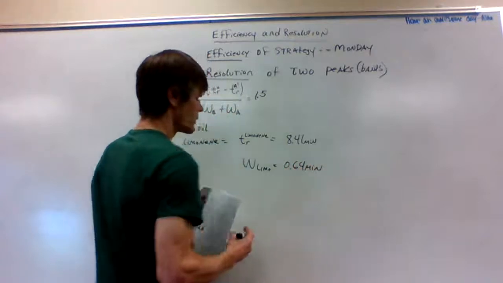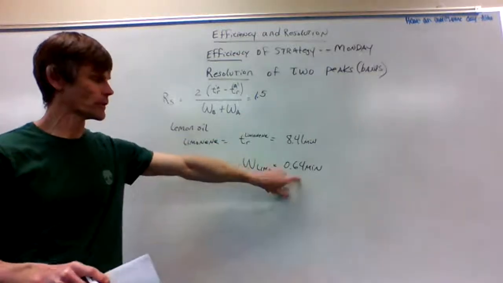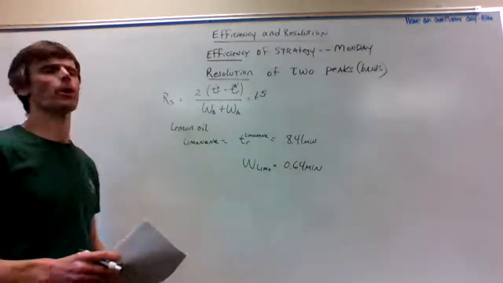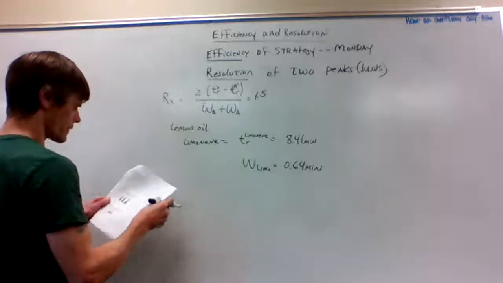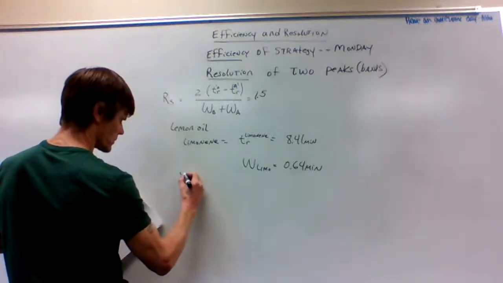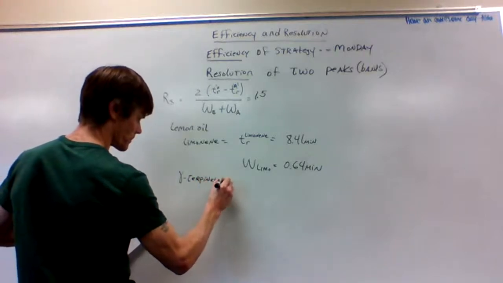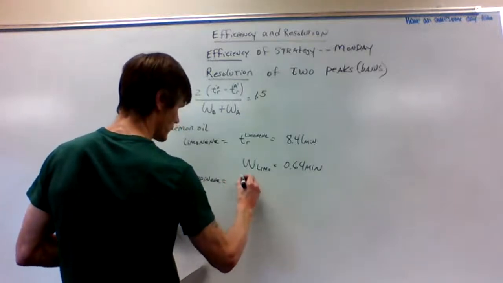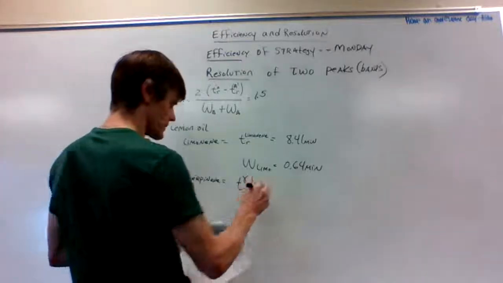So notice the retention time and the width are both on the same axis, and they're in time units of minutes. And we have another component. The other component is called gamma terpinene. And we have a retention time, I'll just call that retention time of gamma, 9.5 minutes.